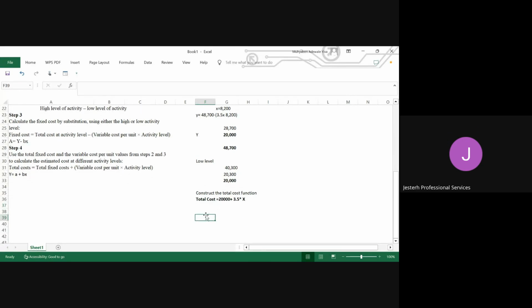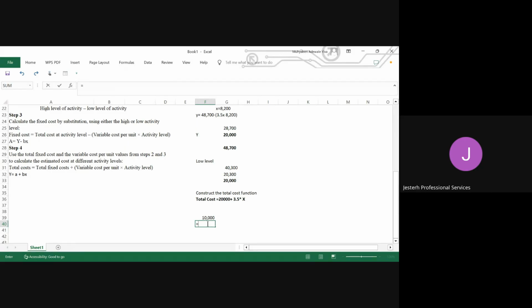If the organization decided to increase the level of activities to 10,000, for example, the only thing that we are going to make use of is the variable cost.